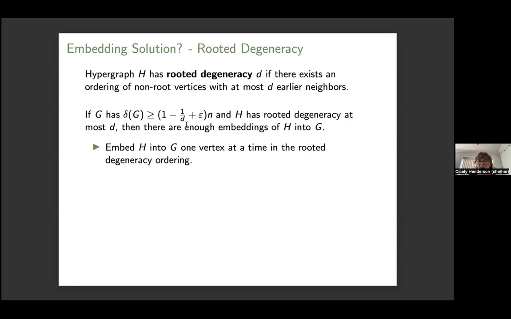And then it's not too bad to show that if your graph has minimum degree at least (1 - 1/D + epsilon) times the number of vertices, and H has rooted degeneracy at most D, then there exist enough embeddings of H into G. And you do that by arguing that you can embed H one vertex at a time in this rooted degeneracy ordering.